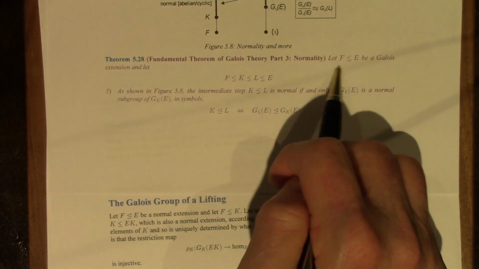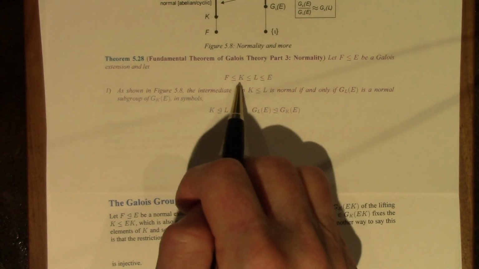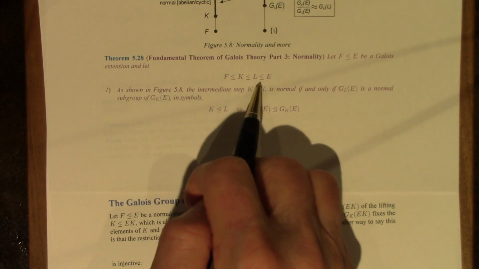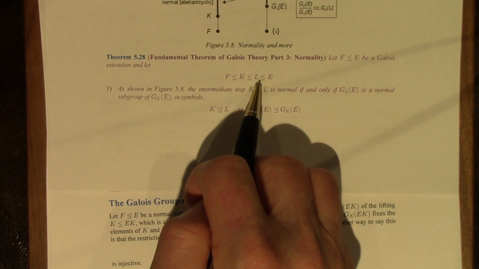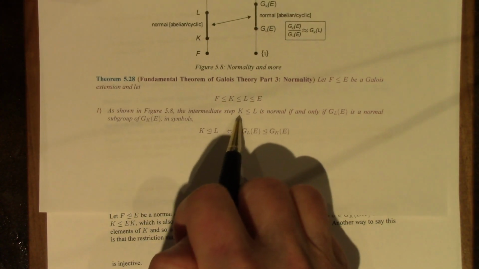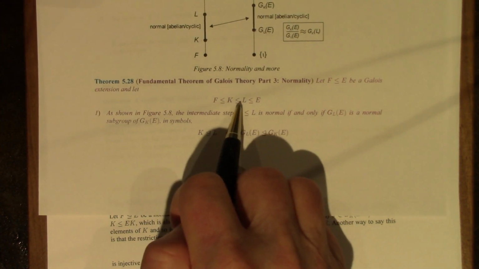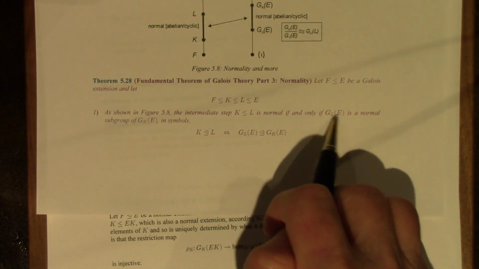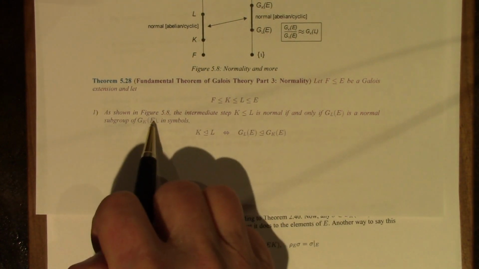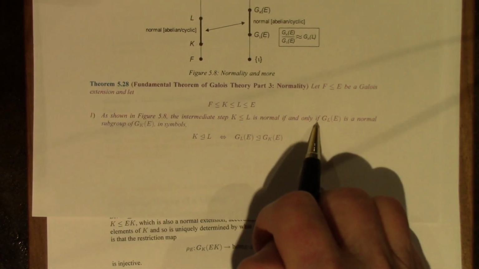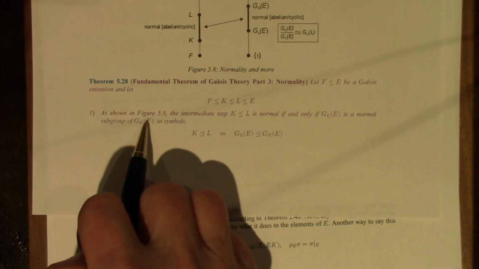Okay, we have a Galois extension. We have a couple of intermediate fields. So we have a three tower. And as shown in this figure, the intermediate step is normal if and only if the Galois group GLE, remember these have to be E's, if and only if GLE is a normal subgroup of GKE.